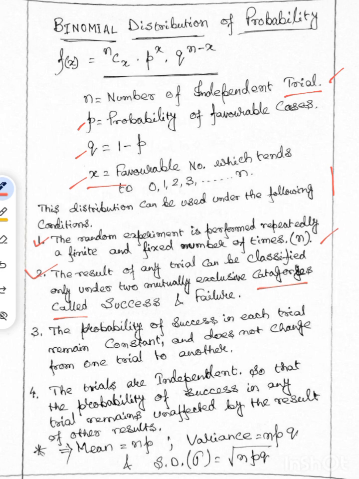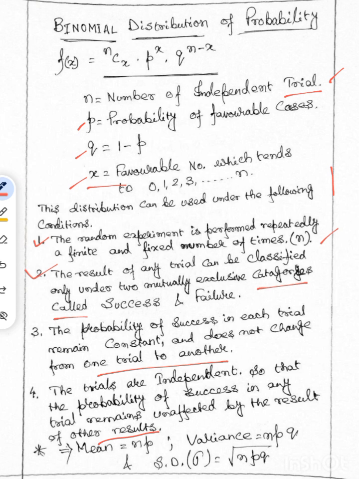The probability of success in each trial remains constant and does not change from one trial to another. The probability of a single trial is constant and will not be changed. The trials are independent, so the probability of a success in any trial remains unaffected by the result of other trials.